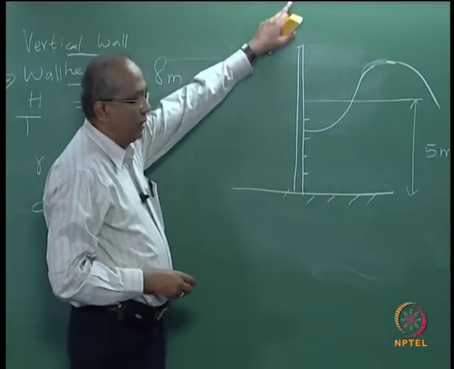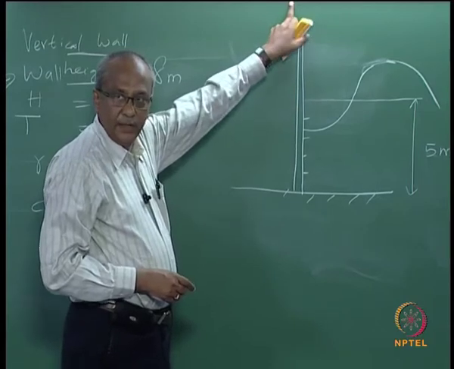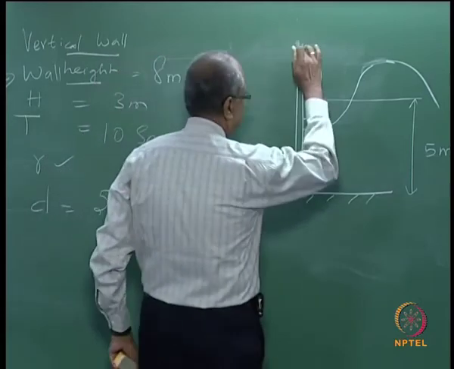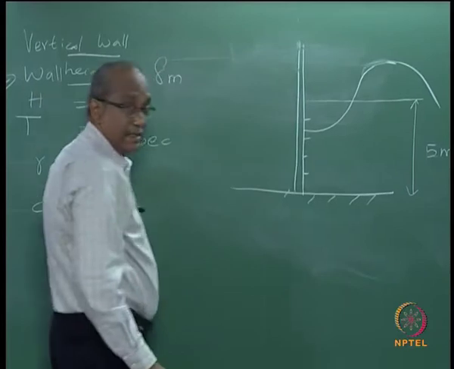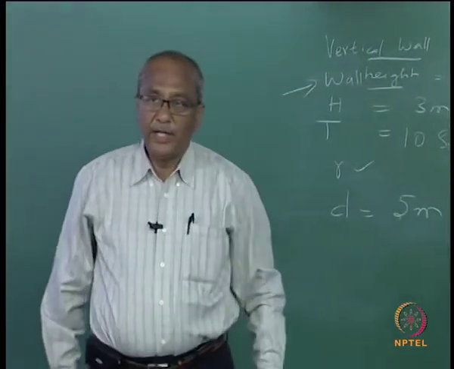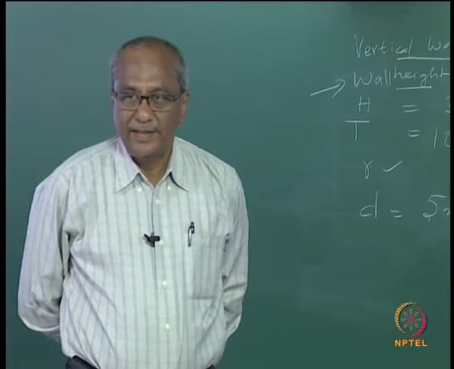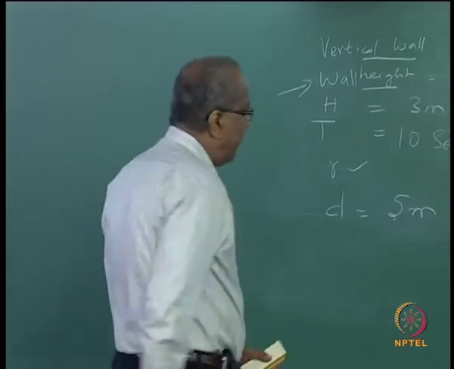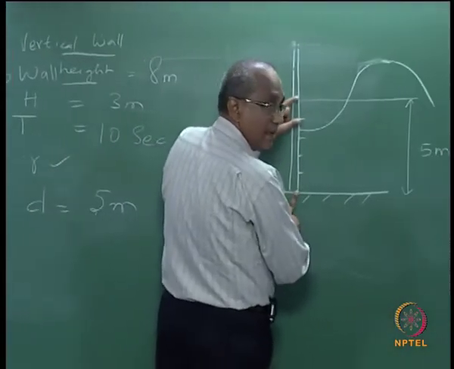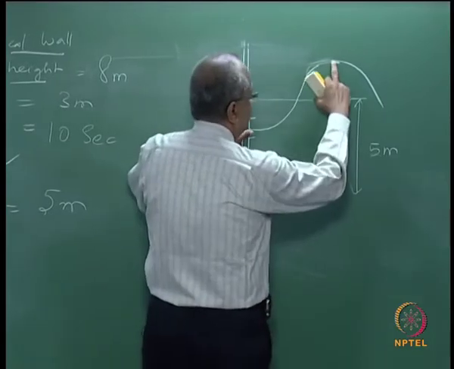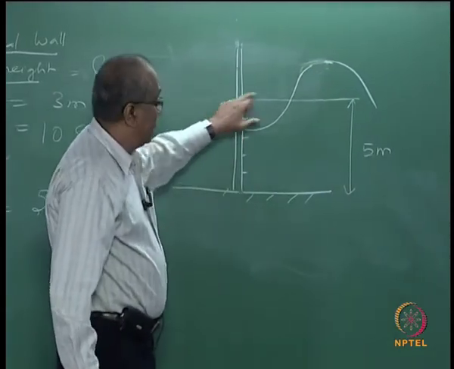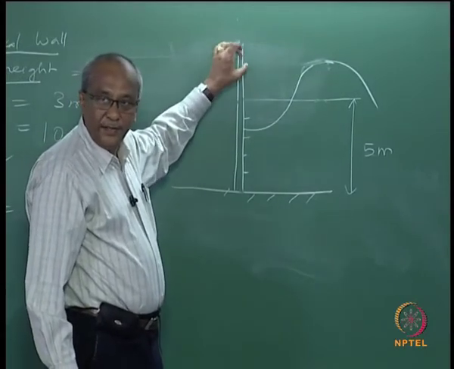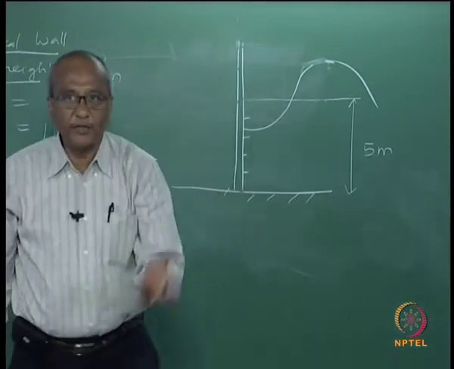So naturally if you want to design it as a non overtopping wall, then it has to be at least, say, how much, maybe add another 2 meters. So this is the 0.5 meters water depth and you have 1.5 meters. So that means this height will be 6.5. So for sure it has to be certainly more than 6.5 meters.